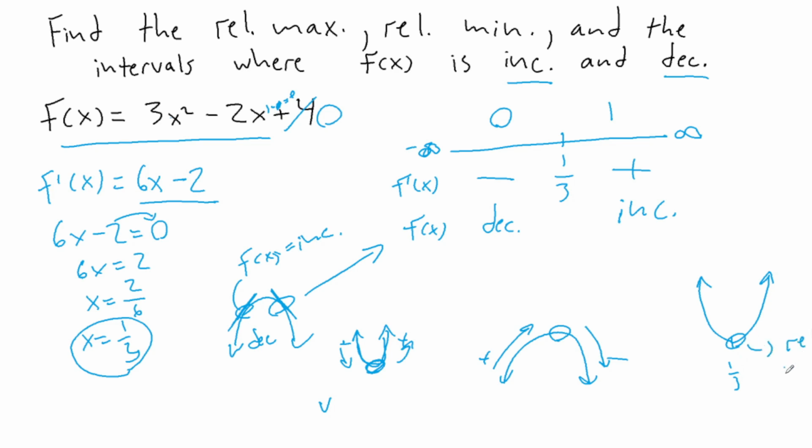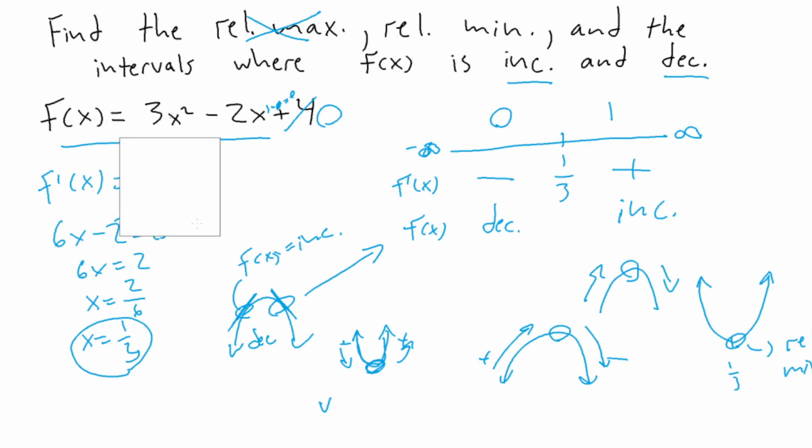So this right here is a relative minimum. And there's no relative maximums, because f prime of x never changes from increasing to decreasing. That would be a relative maximum, but since that never happens, we have no relative maximums.